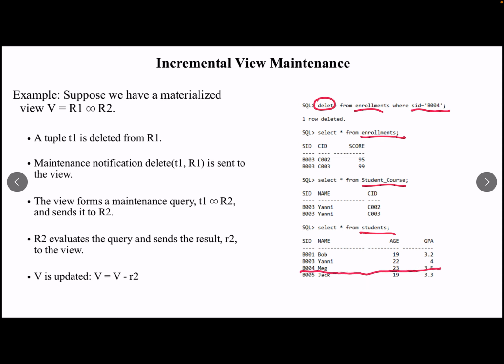From the text, we can see that tuple T, which is B004, is deleted from enrollment. The maintenance notification about the deletion of student ID B04 is sent to the view, which is the student course view. This forms a maintenance query, which is sent to the student table and the courses table.